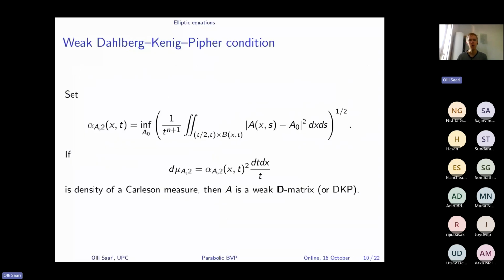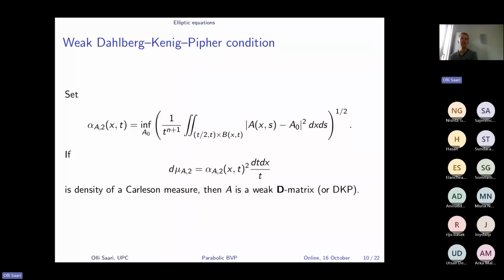Okay, so what is known? Before going forward, let's fix the notation for the oscillation of the matrix. I was using 2 different things in the previous 2 slides, but let's fix now the following one. So we take the mean oscillation in a Whitney cube. This is the quantity alpha A 2. It could be alpha A p when we replace the L2 norm in the oscillation by the Lp norm.